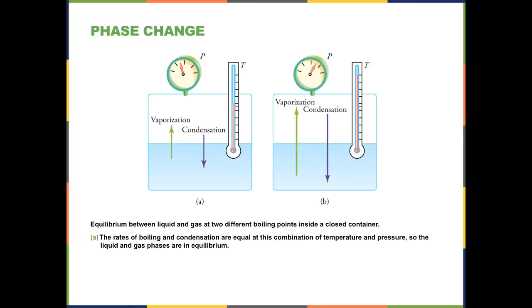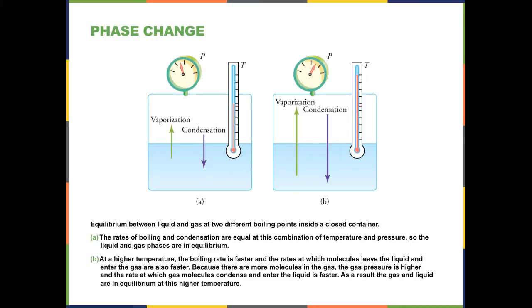Now, if you raise the temperature in the container, you get the situation in B. You have a higher temperature, the boiling or vaporization rate is higher, but the condensation rate also becomes higher. This occurs because the pressure in the container goes up. As a result, you reach another equilibrium, but at a higher temperature and a higher pressure.